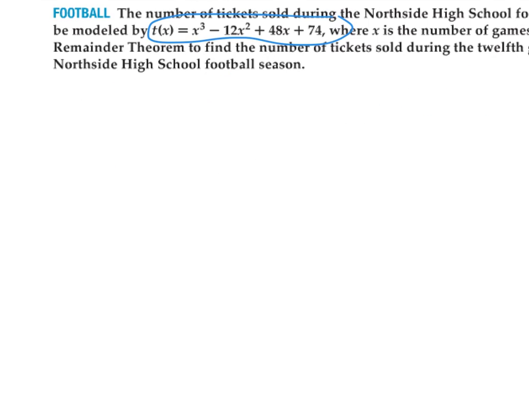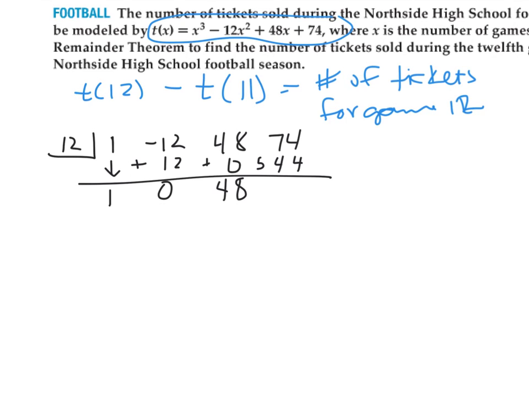Sorry about that. It is 576. And then when I add those numbers together, I get 650. That's actually my remainder. That is how many tickets I've sold through the 12th game.